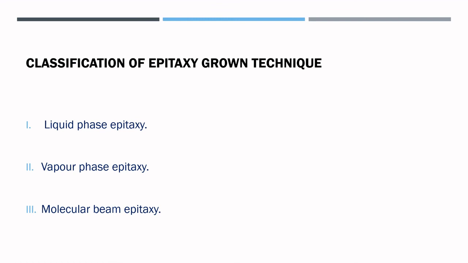This molecular beam epitaxy technique is a physical evaporation process. It is a very complicated as well as very sophisticated system. Liquid phase epitaxy does not have much use. So silicon epitaxy is grown by either vapor phase epitaxy or molecular beam epitaxy.